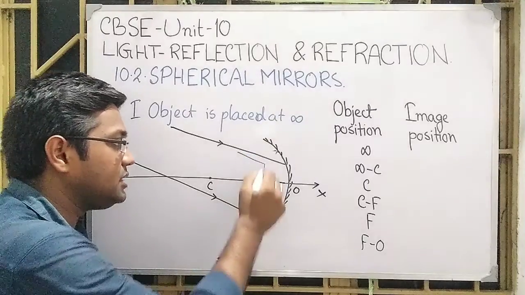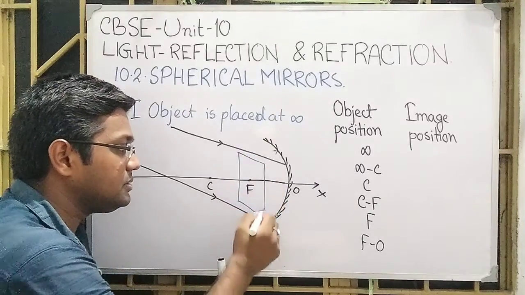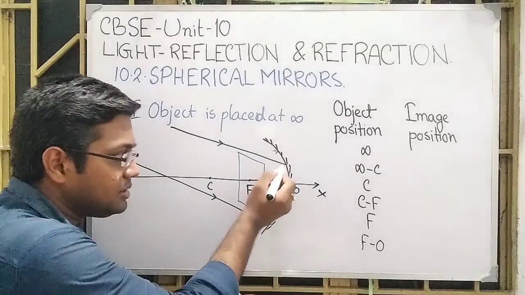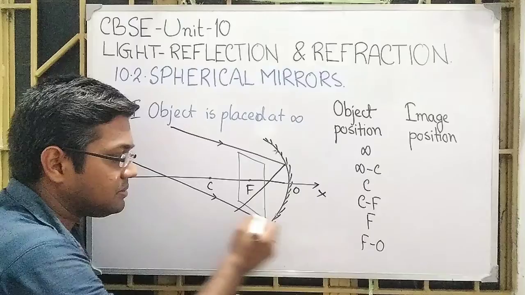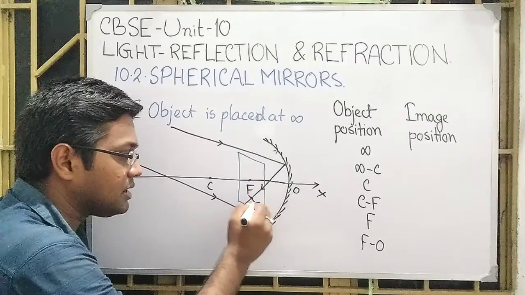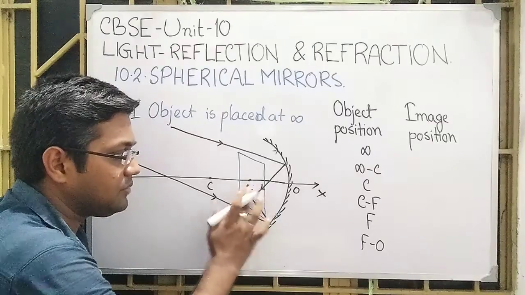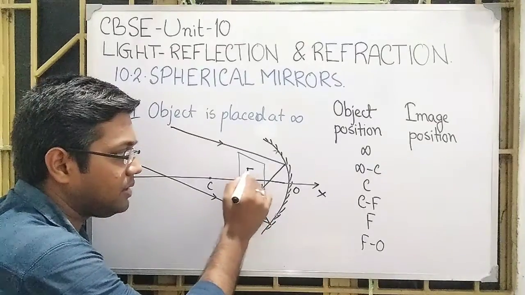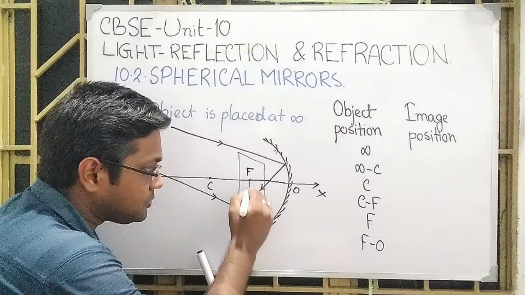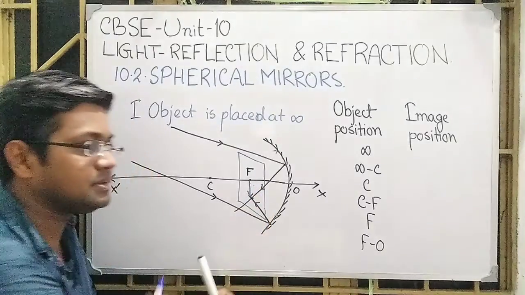We can consider the focal plane, and after reflection these light rays meet at a point on the focal plane. If I just place this capital F above, then the image is formed like this.